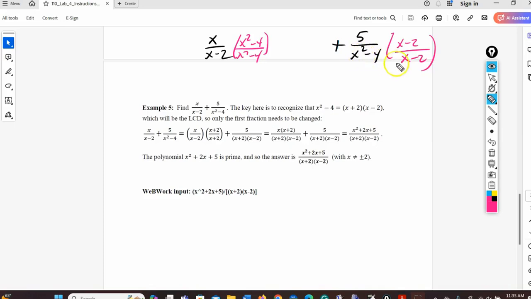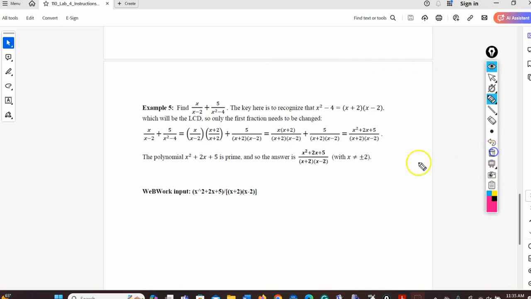But that's going to give me a cubic in the denominator, and we just take a little bit of time. And remember, from Math 100, that's the same thing as x minus 2 times x plus 2.